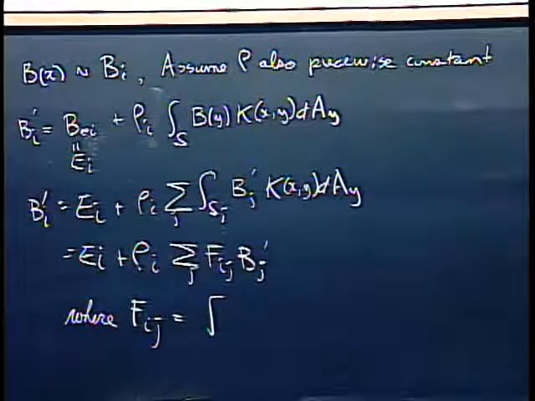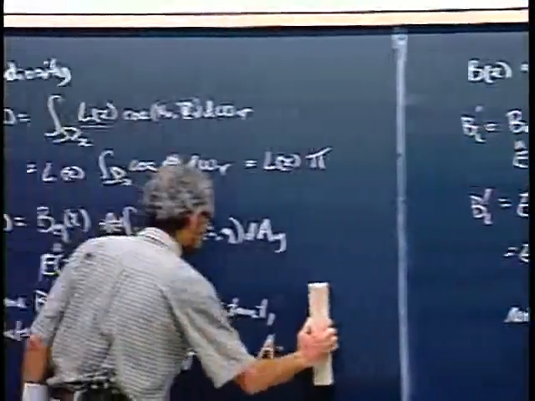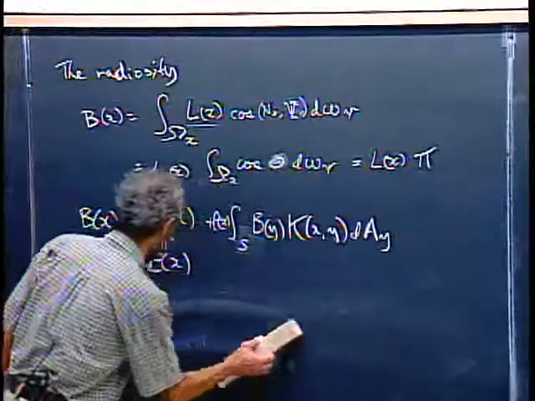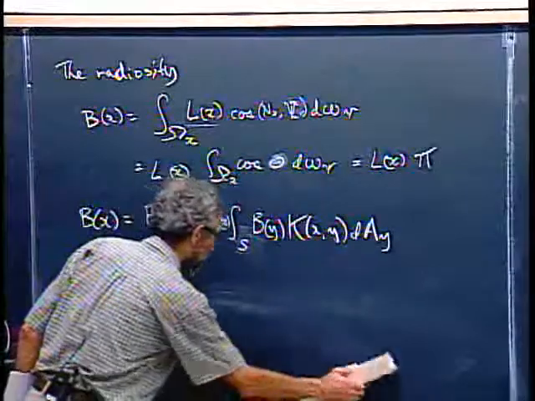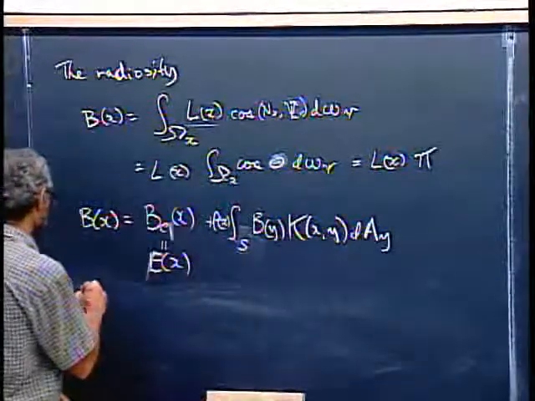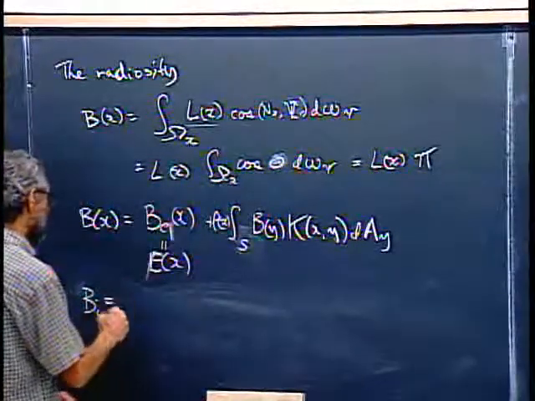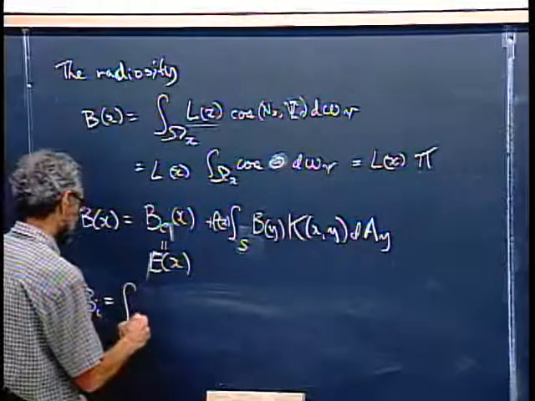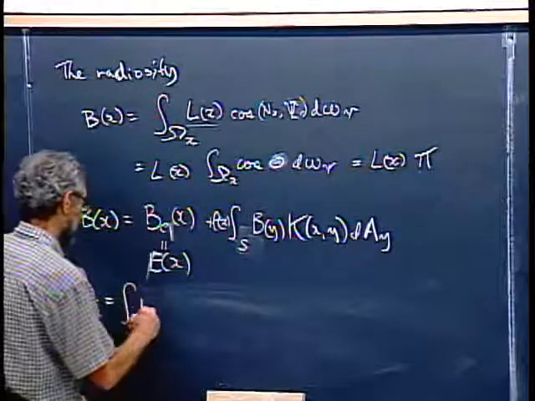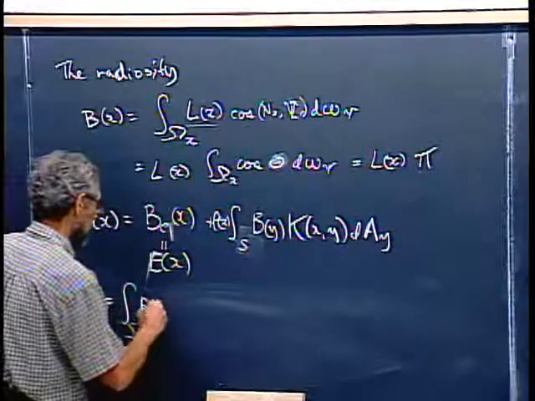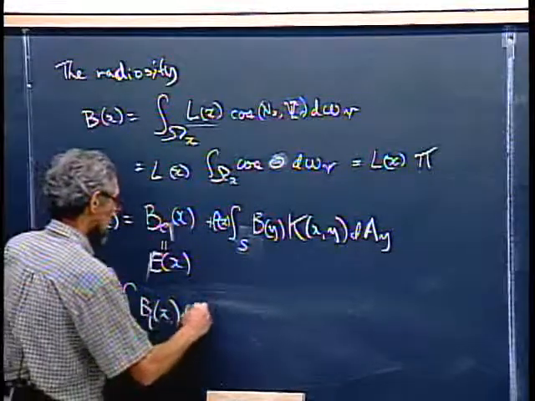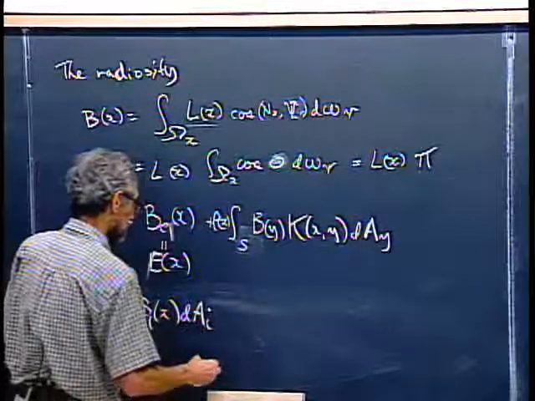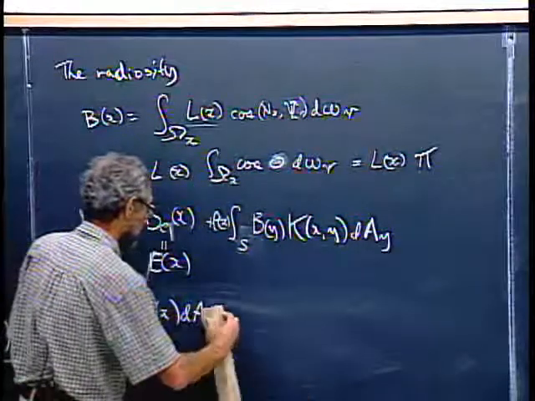What I want to say is, let me put it under here, because I think I've gotten things a little messed up compared to my notes, by working on the board without reading my notes. What we want to describe is Bi is the average radiosity over the patch. So that's the integral over patch Si of B of x dAx.